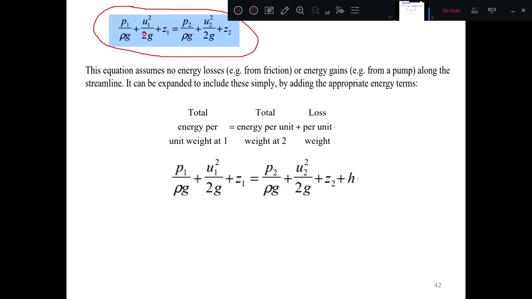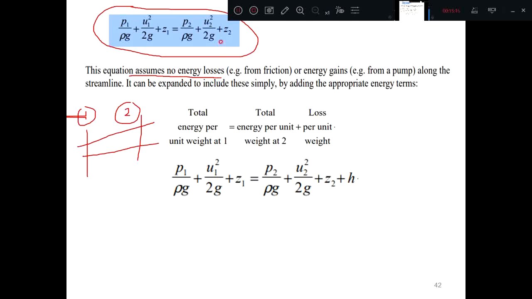So this is the pipe where we are applying at section 1 and section 2. If you apply at section 1 and 2, we get this equation, and whatever equation we have written between the two sections assumes there are no energy losses.